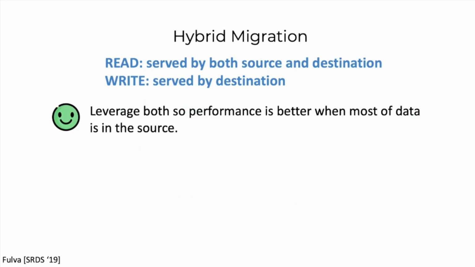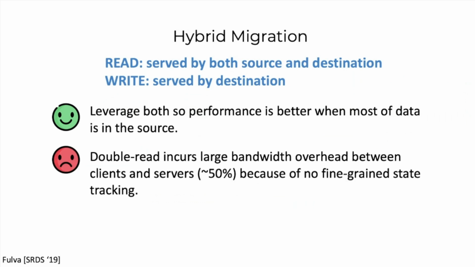Hybrid migration leverages both source and destination, so its performance is better than the destination-based protocol when most of the data is in the source. However, the double read mechanism incurs large bandwidth overhead between clients and servers, on average about 50%, because it lacks a fine-grained state tracking mechanism.